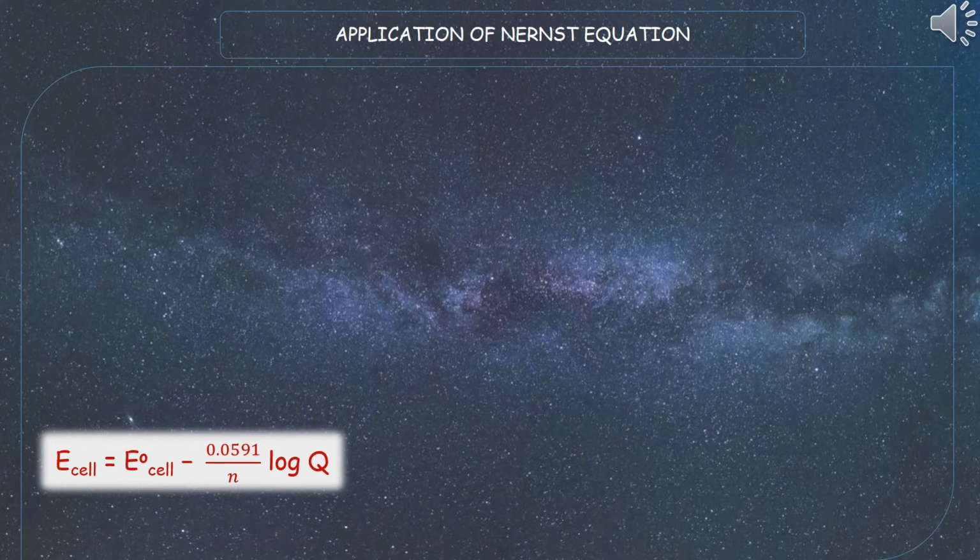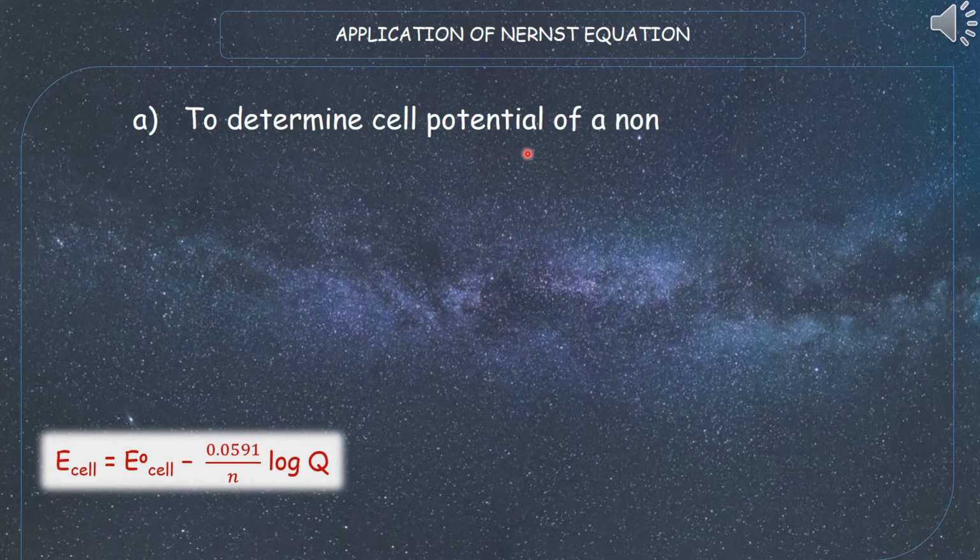Now let us understand what the applications of the Nernst equation are. The Nernst equation can be used to determine the cell potential of a non-standard cell. Suppose you have been given a cell in which the concentration of the electrolyte is not 1 molar.